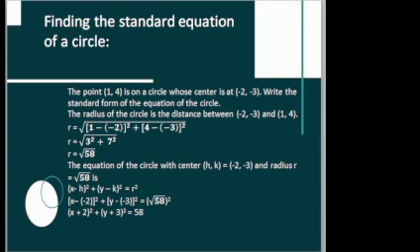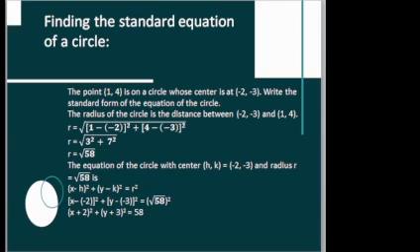Now the equation of the circle with center h and k, the center is already given. We have negative 2 and negative 3. And we have got the value of the radius, which is square root of 58. And as we know that the standard equation of a circle is x minus h squared plus y minus k squared equals r squared.